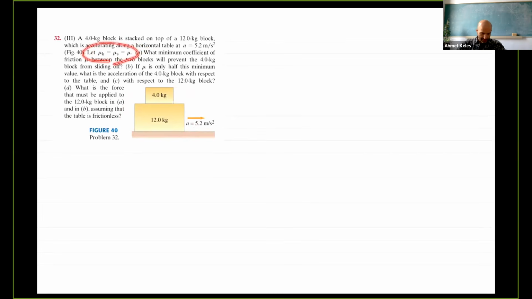They are not equal, but the problem says take it, so we'll do this. A, what's the minimum coefficient of friction mu between the two blocks that will prevent the 4 kilogram block from sliding off? The problem is what friction should we have here so that this block on top does not just slide and fall off.